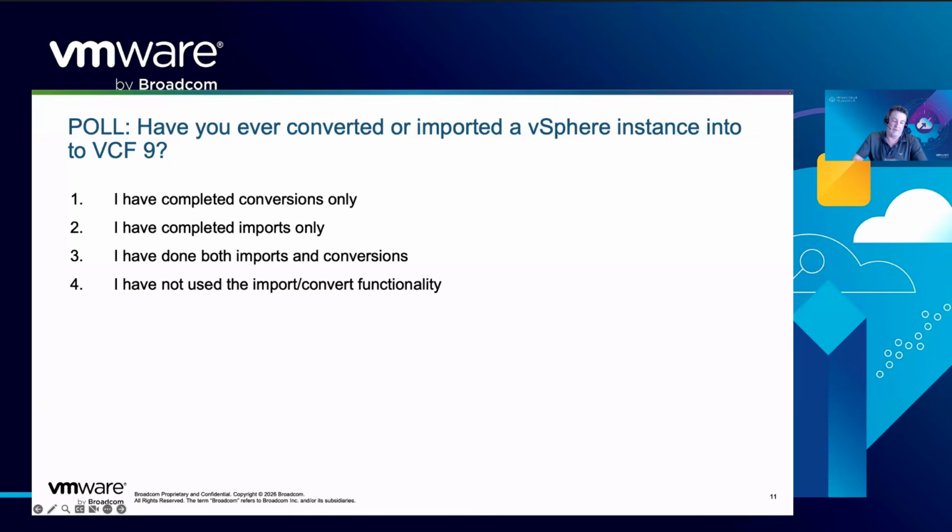But if you have VCF or you want to add a different VCF, then you might use a combination of both imports and converges to bring your environment from the older legacy to be managed as a single entity under the VCF construct. Definitely something that will help us understand where people's interests lie.